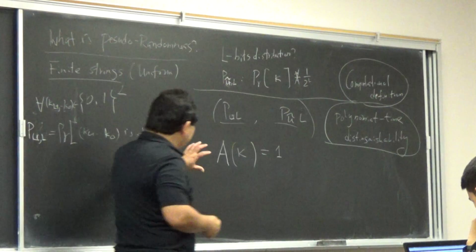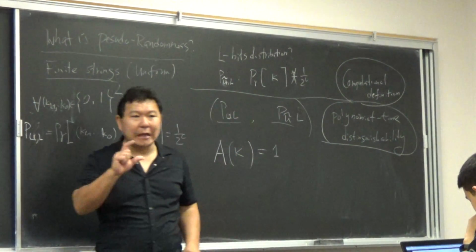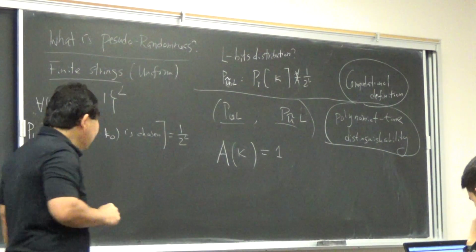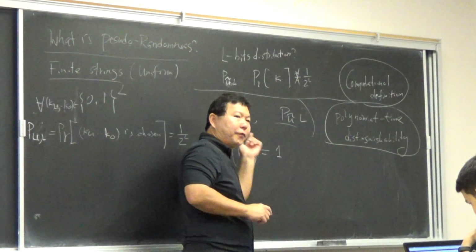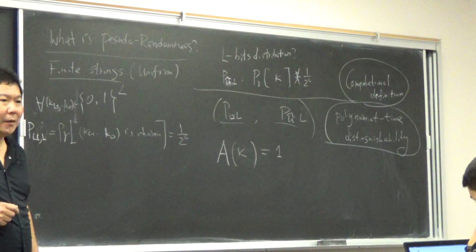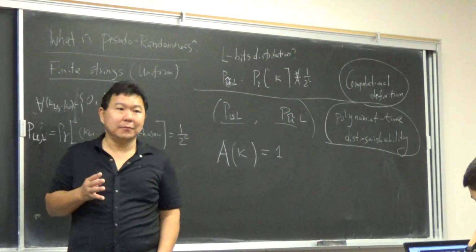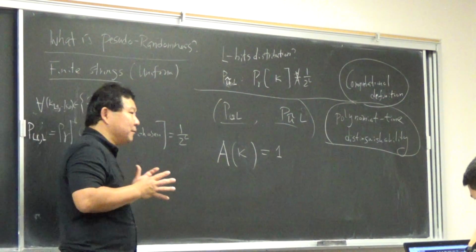So we try to have an algorithm that somehow captures the statistical essence of the distribution. Suppose you have an algorithm that takes a string of L bits and just outputs 0 or 1. Each such algorithm can be used as a potential distinguisher between distributions.